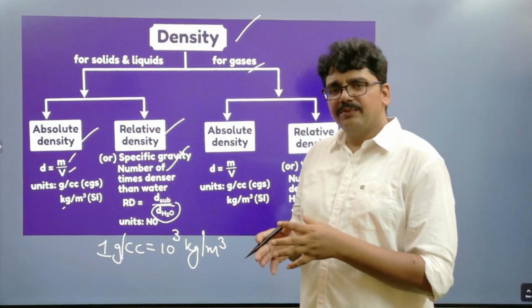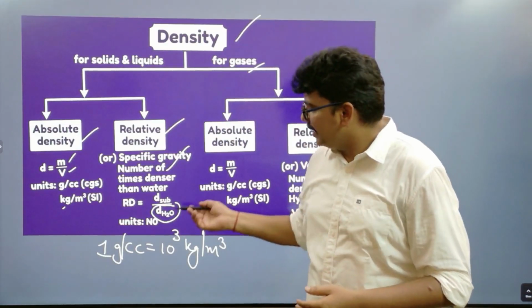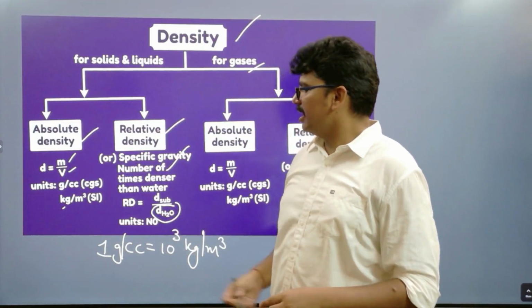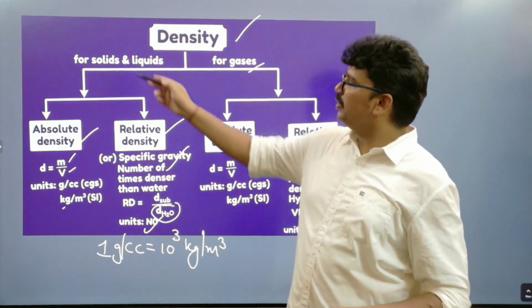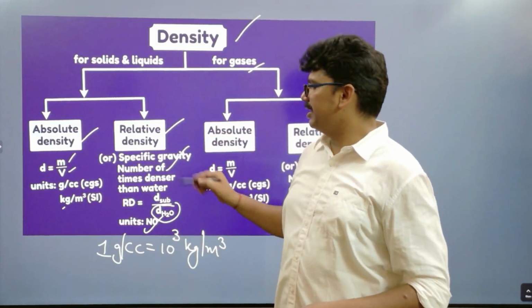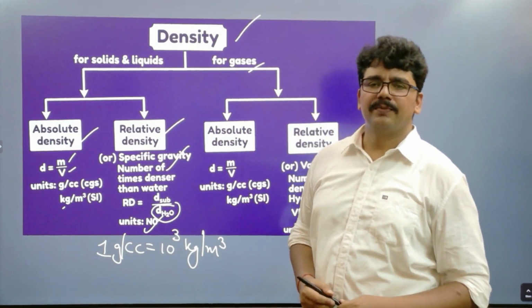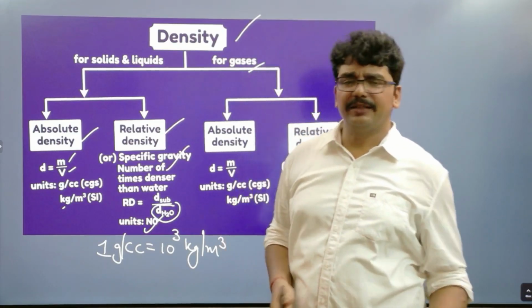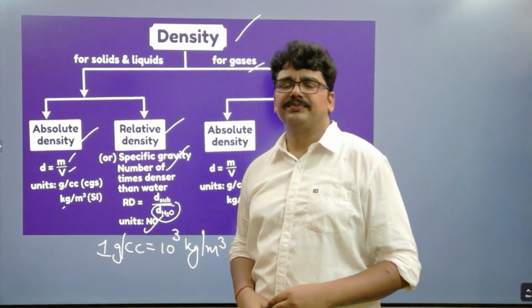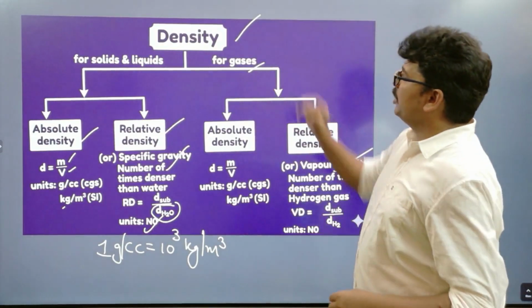So how many times the given substance is more denser than water, that is relative density. It does not have units. So relative density of solids and liquids is also called as specific gravity. In questions they will give specific gravity. They don't mention it as density, but actually it is density.